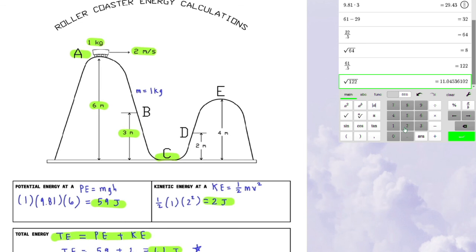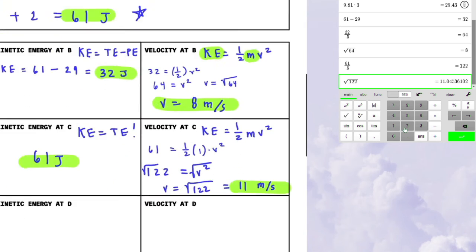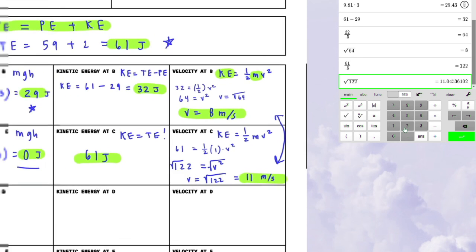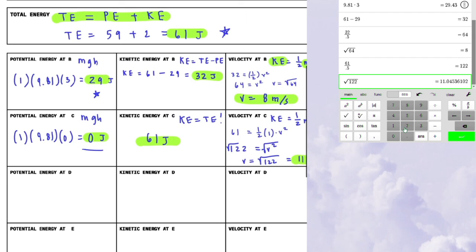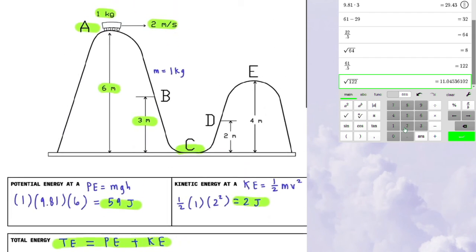So the fact that this value is larger than that value is a good sign, because if it was going slower than 8 meters per second, then it wouldn't make sense, because this should be the point at which the cart is moving the fastest. And you follow the same idea all the way through, and that's how you do the assignment.